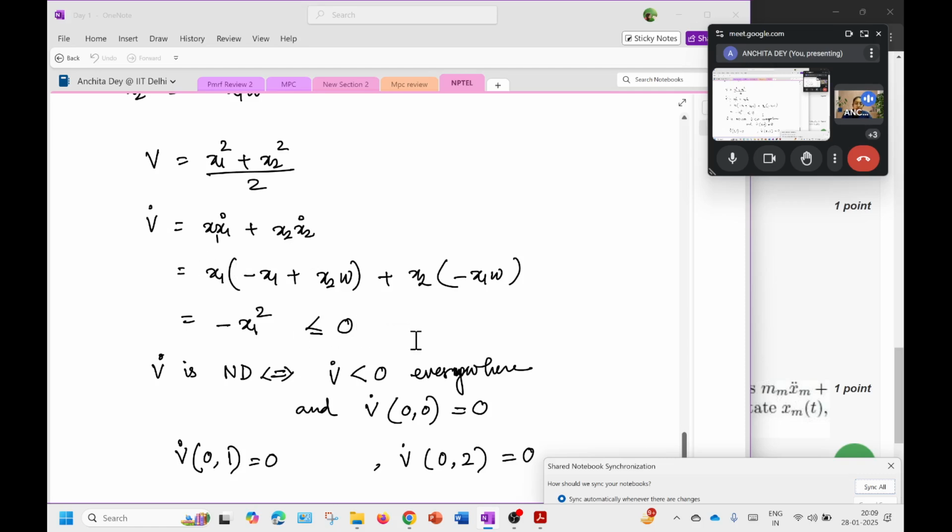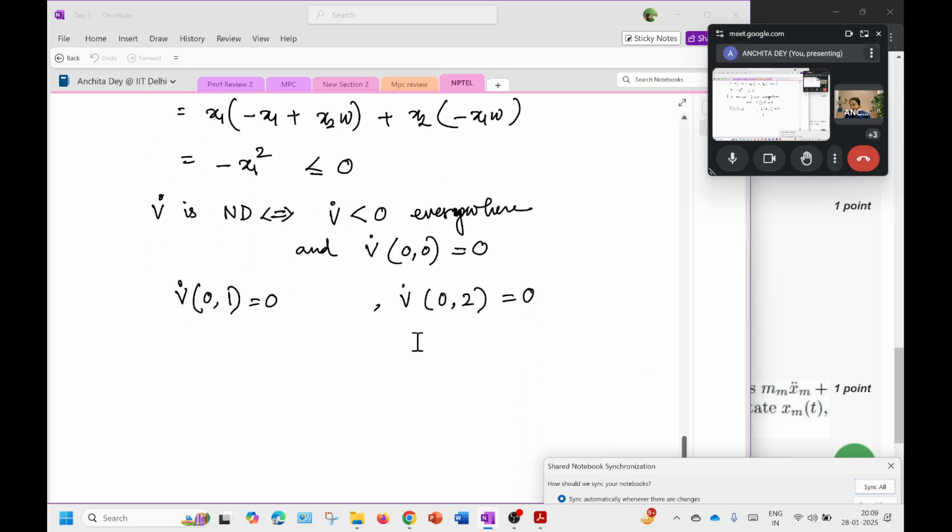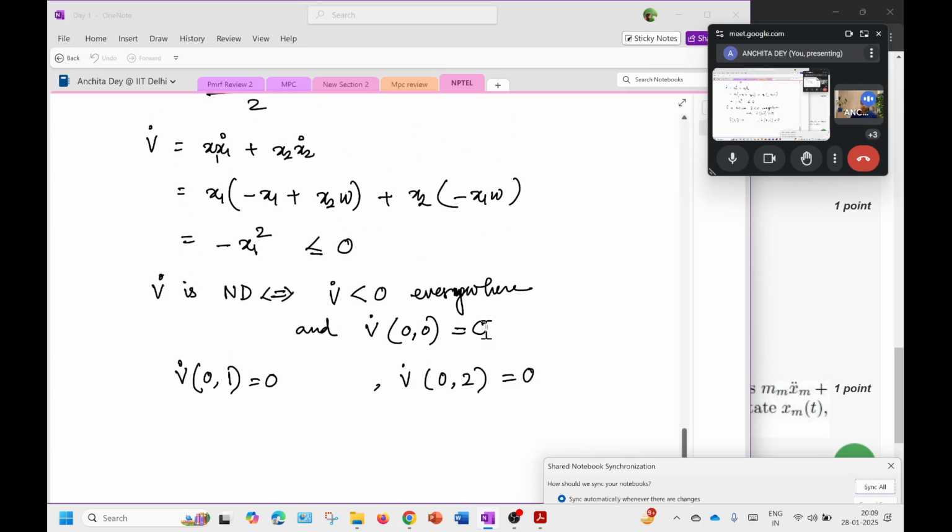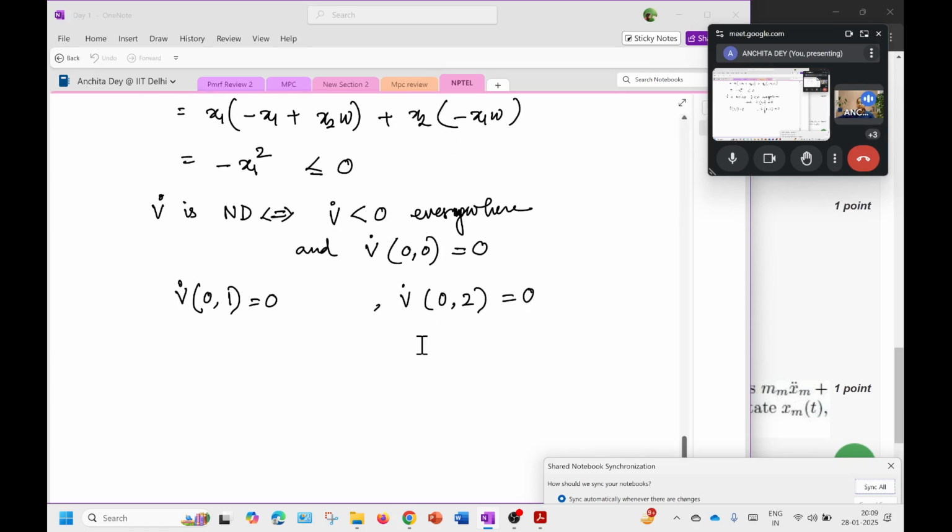It is negative semi-definite. Yeah, then it is stable. So 0 comma 0 is stable. That is for sure. Okay. Only autonomous. Right. Yeah.